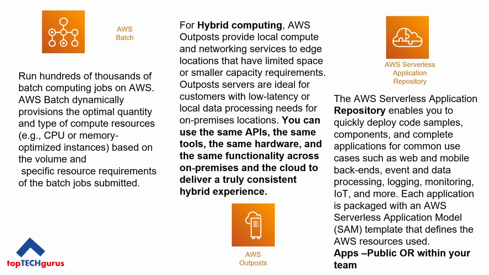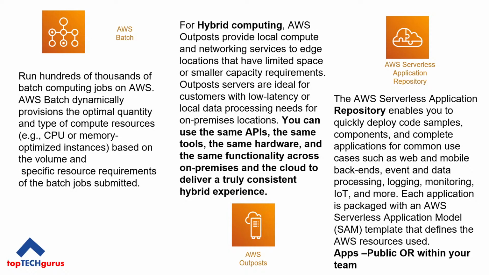They want their data to be processed in-house. But when they install Outposts, they can manage their servers and infrastructure similar to how they manage their AWS resources. So they can have similar APIs, similar CLIs, similar infrastructure tool commands.